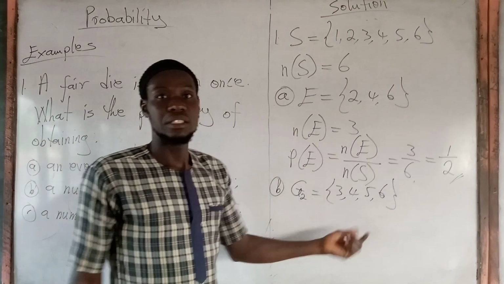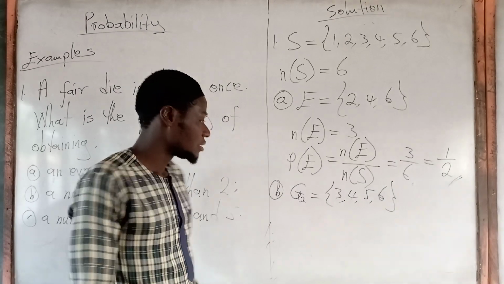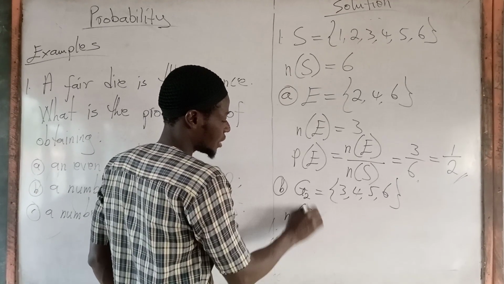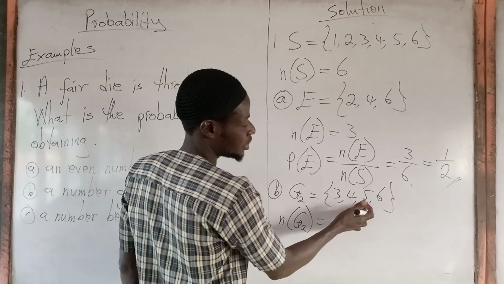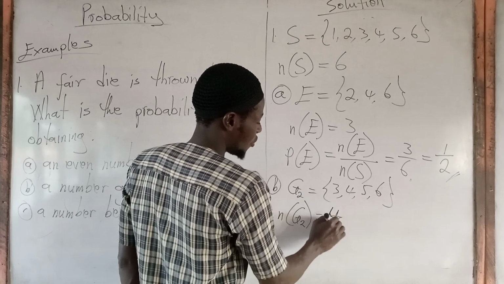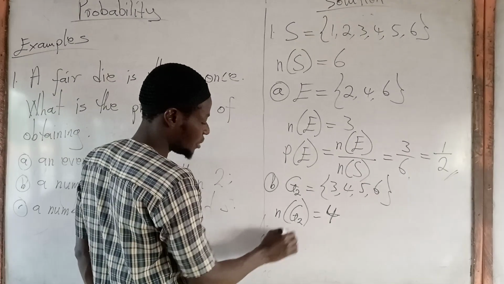This is the set of numbers greater than 2. We then find the number of elements in this set. How many elements are there? 1, 2, 3, 4. We have 4 elements.